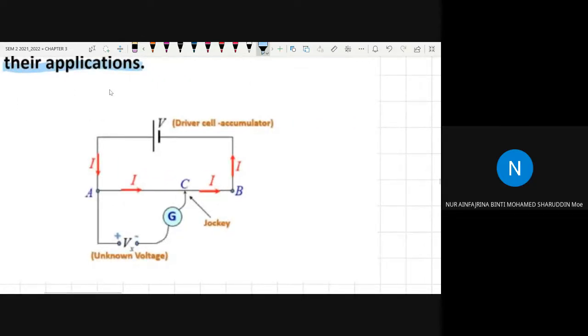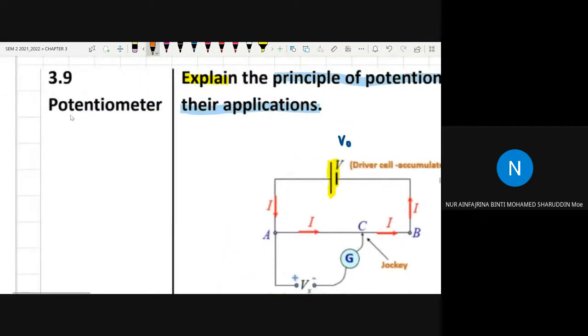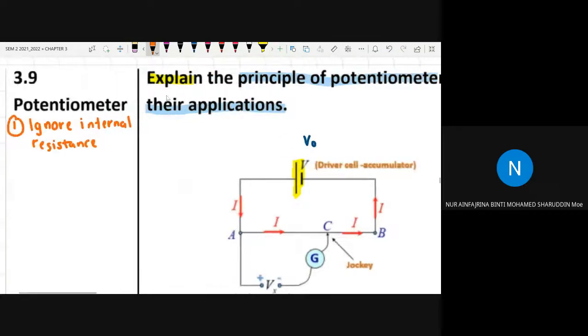The setup, the diagram of the potential meter, for example the setup of the circuit. Here, we will have the driver cell, the accumulator. For the case of potential meter, first thing first, you must know two things. First, we will ignore the internal resistance. When we ignore the internal resistance, it means the EMF will be equal to V0.